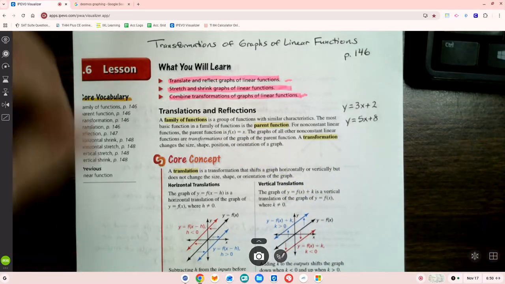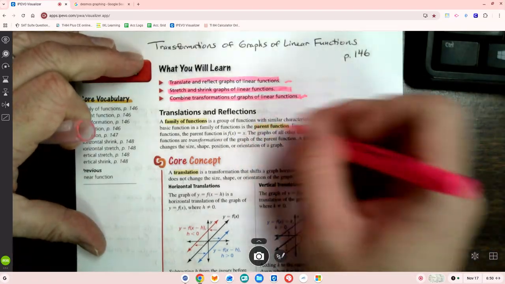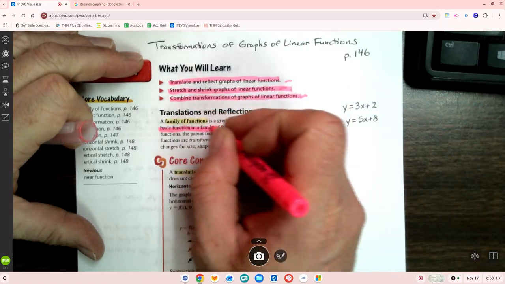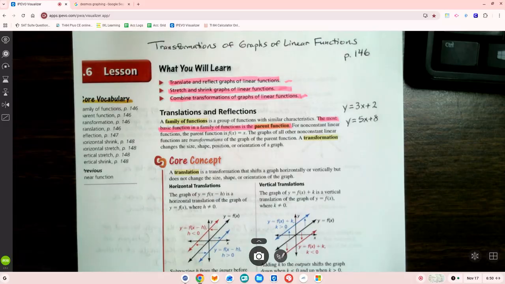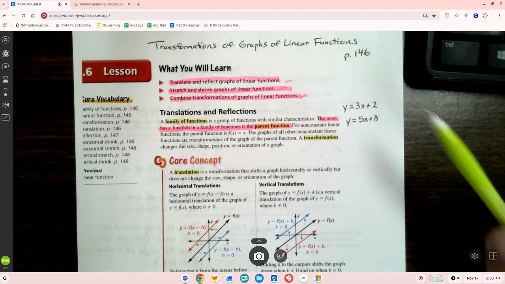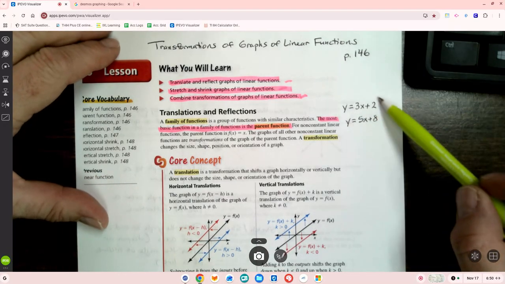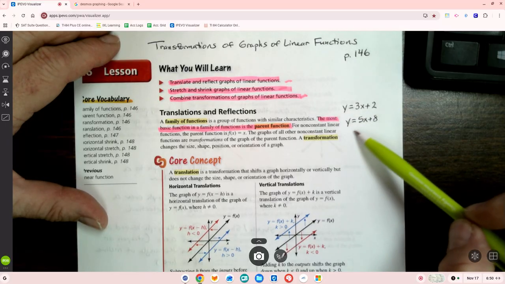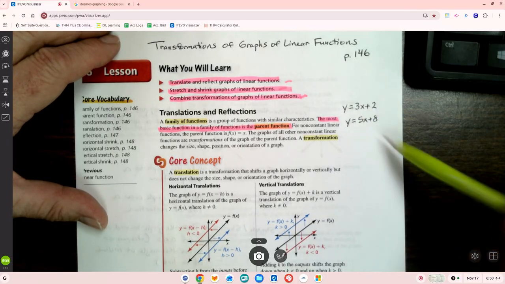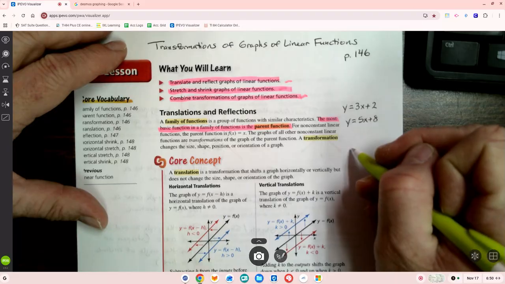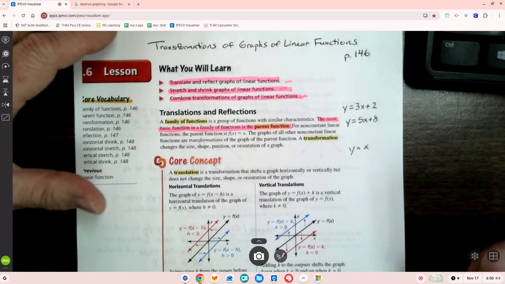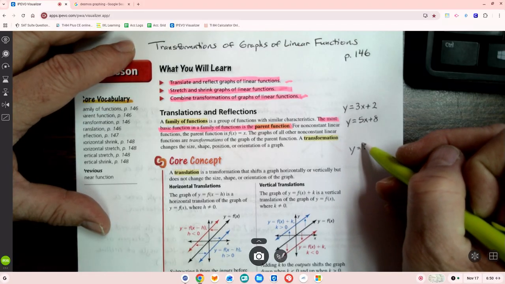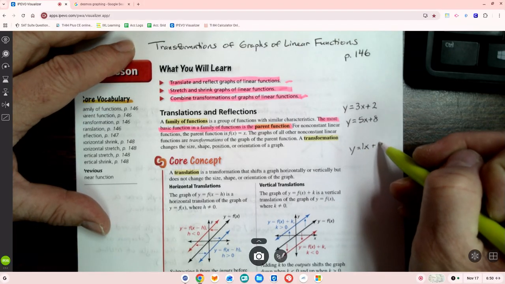Okay? This next term is important. Parent function. The most basic function in a family of functions is called the parent function. So the parent is the most basic function in that family. If you think about a family of slope-intercept form equations, the most basic one I can think of would be this: y equals x would be the most basic because it has a slope of 1 and a y-intercept of 0.